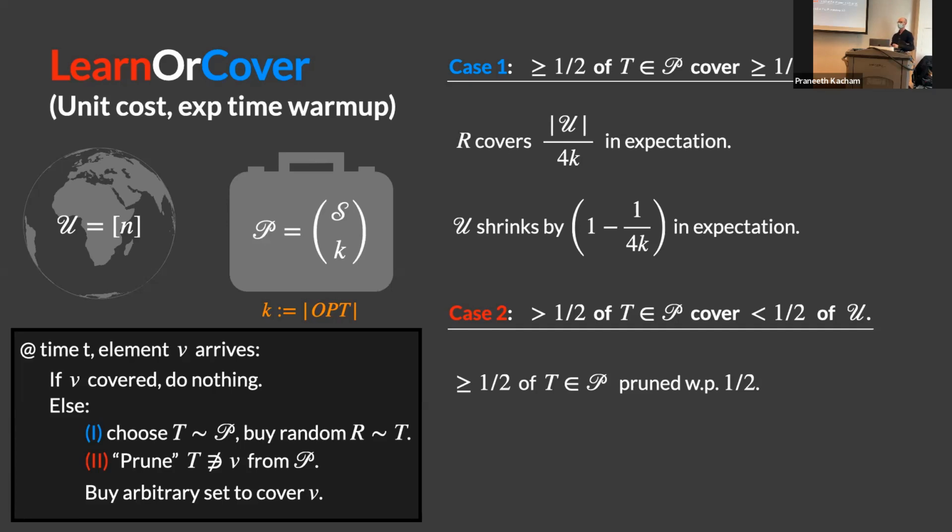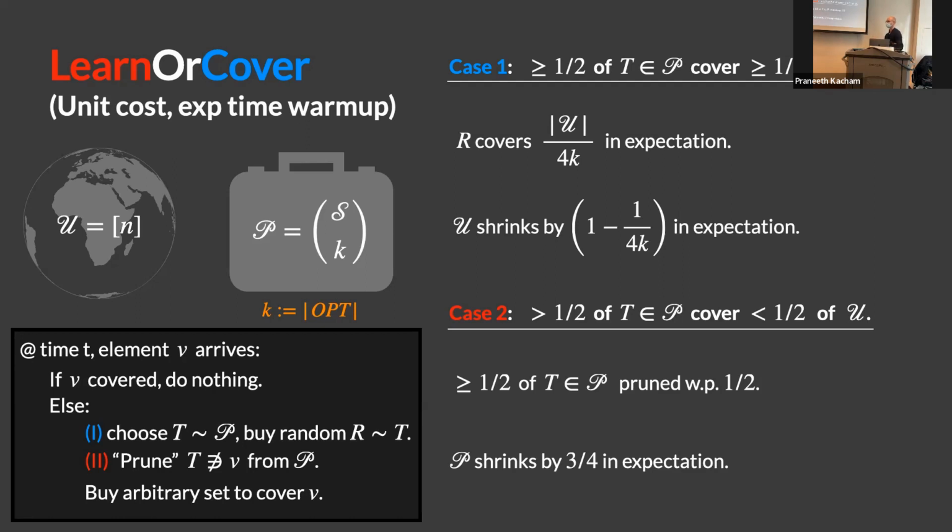So I should prune like a quarter of the T's in my portfolio, which means my portfolio will shrink by 3/4 multiplicatively in expectation. And so this is maybe the intuition, like, I don't know if this answers your question, Danny, but yes, you're doing these 2 steps obliviously, but they're kind of chosen so that you either make progress shrinking U or make progress shrinking P.